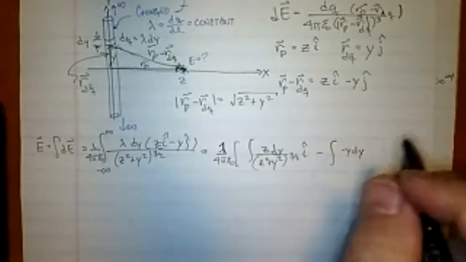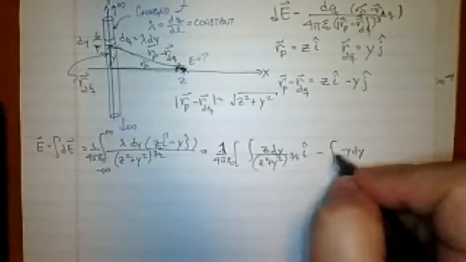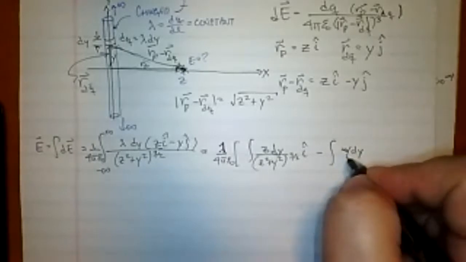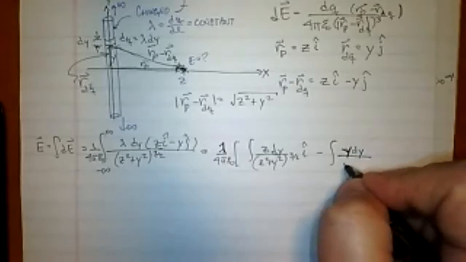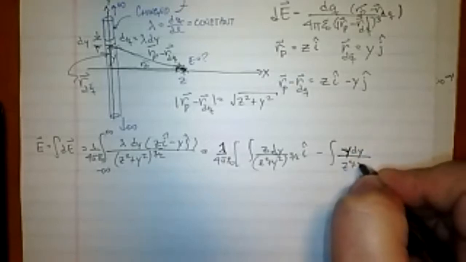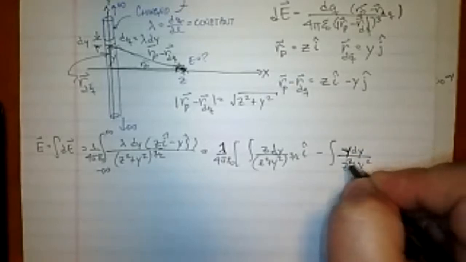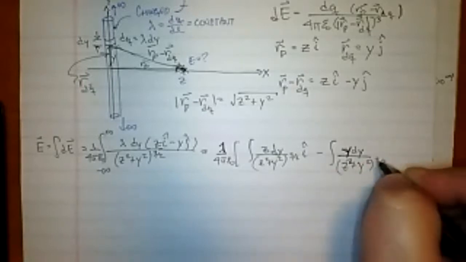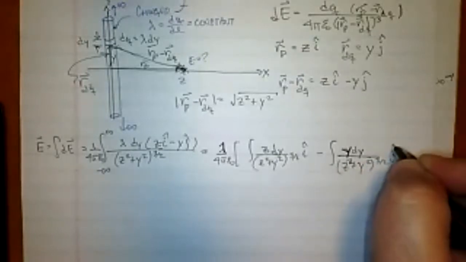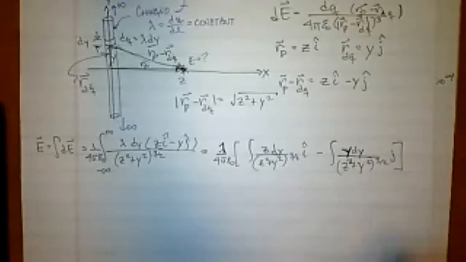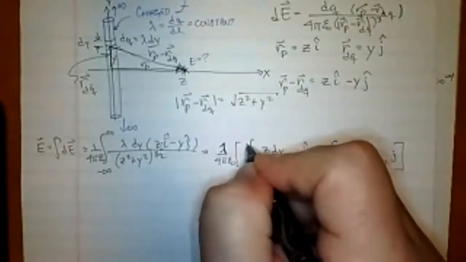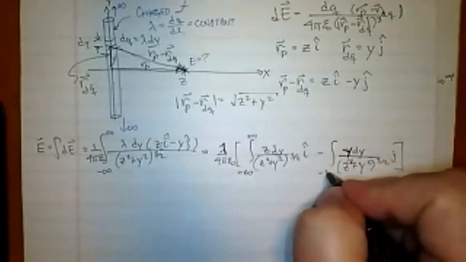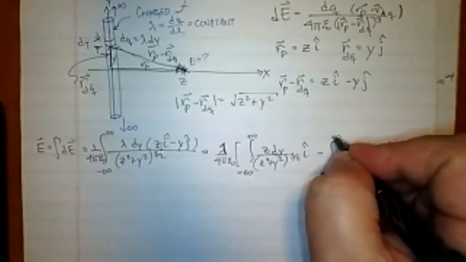The lambda's already been pulled out. I've got the minus there, so I don't need to put it here. And this will be over z squared plus y squared to the 3/2 power, and that'll be in front of a j hat. Okay. Now this goes from negative infinity to positive infinity.